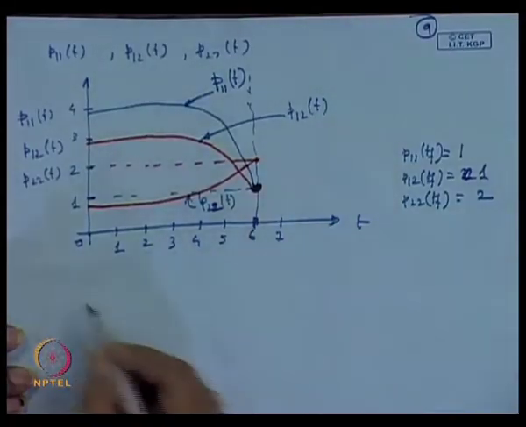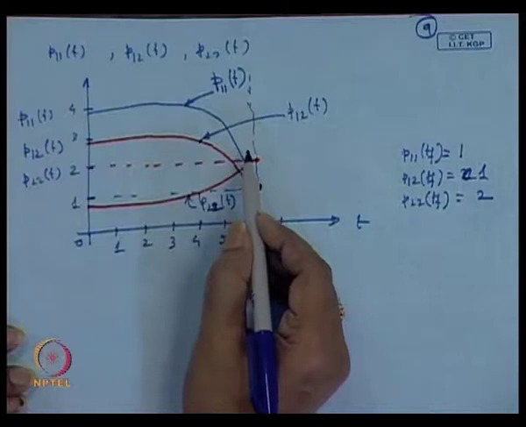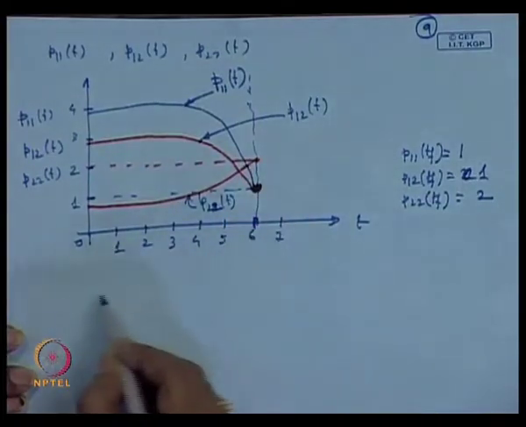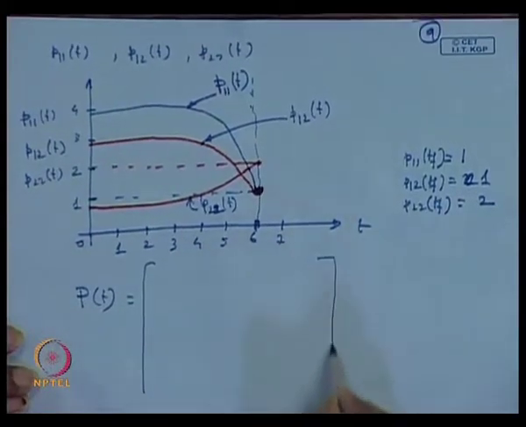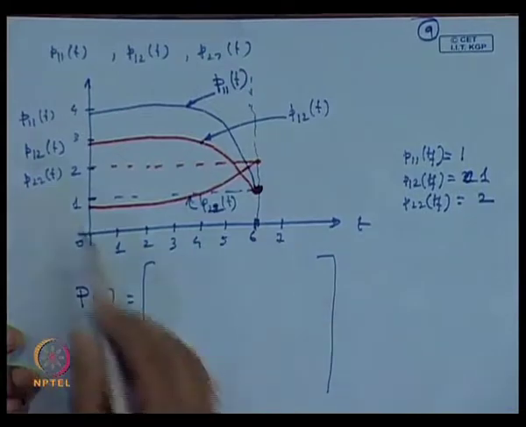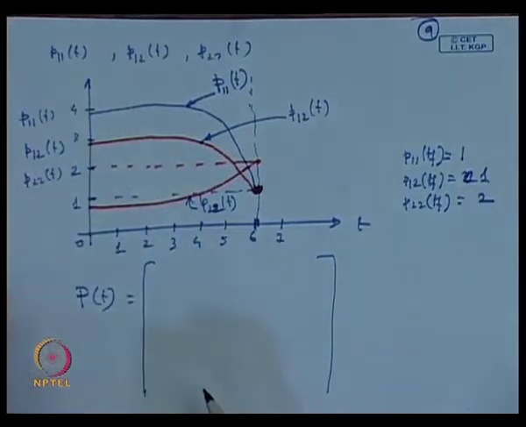Once you get this solution, you store it. How do you store it? Let us call it P of t. P has 4 elements for this particular example.